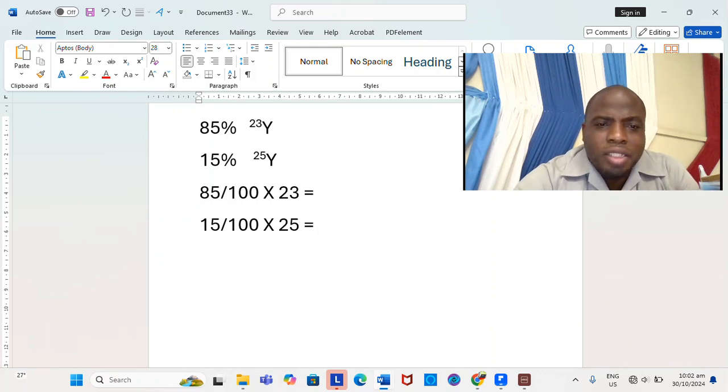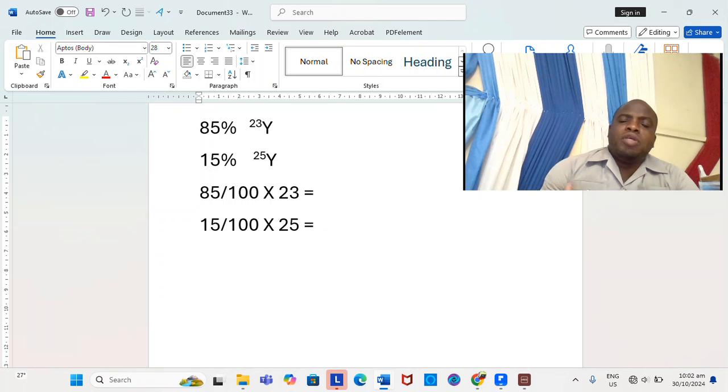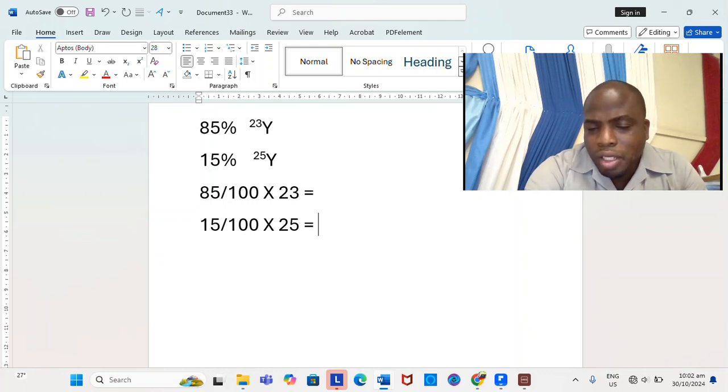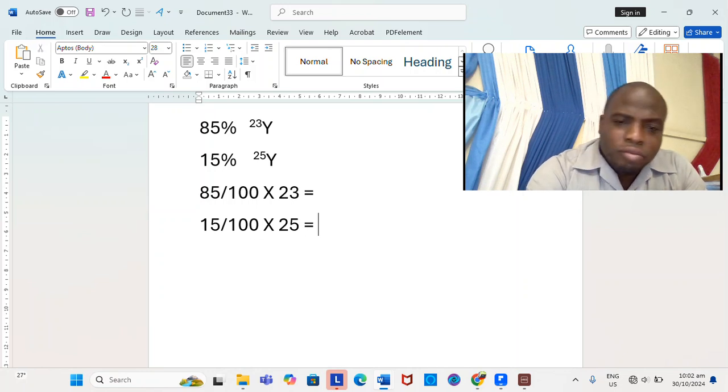With this being said, when you do your calculation, the average atomic mass that you're going to obtain is going to be closer to the number with the highest percentage. So my atomic mass should be closer to 23 than it is to 25. That's one little key thing.